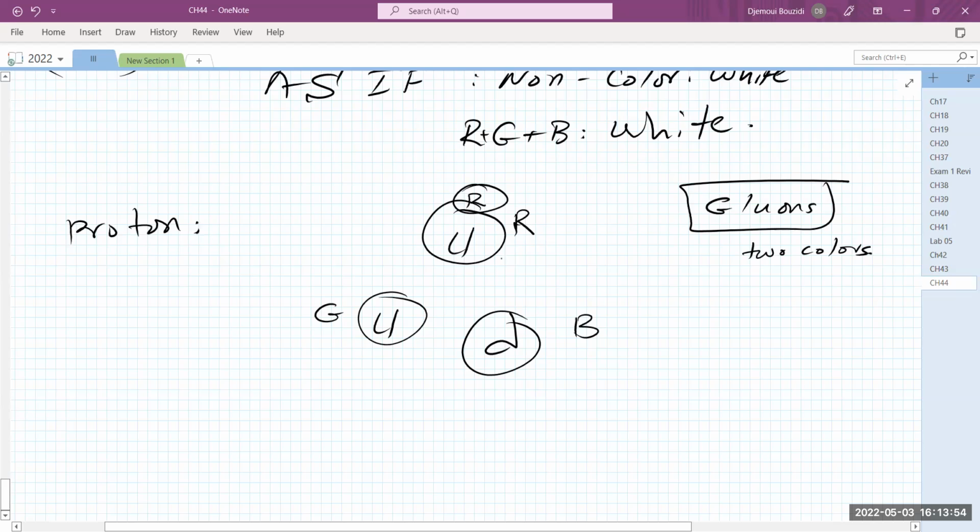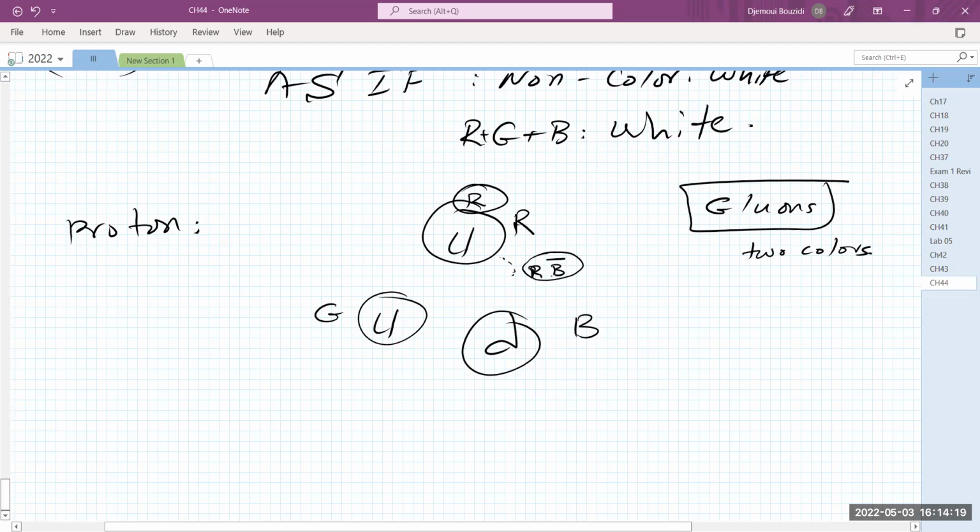Okay, so what's going on in here? This up quark will exchange a red gluon, an anti-blue, it's the same gluon. So remember, you have to have two colors for them. One of them has to be an anti-color, and the other one is a color.